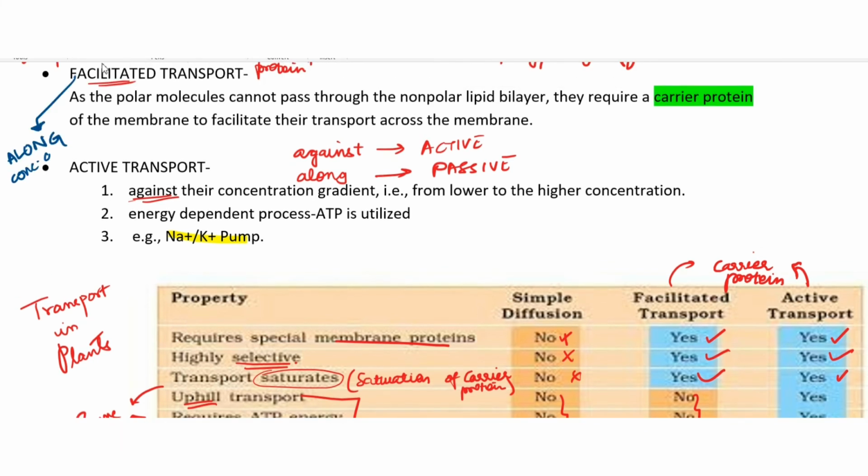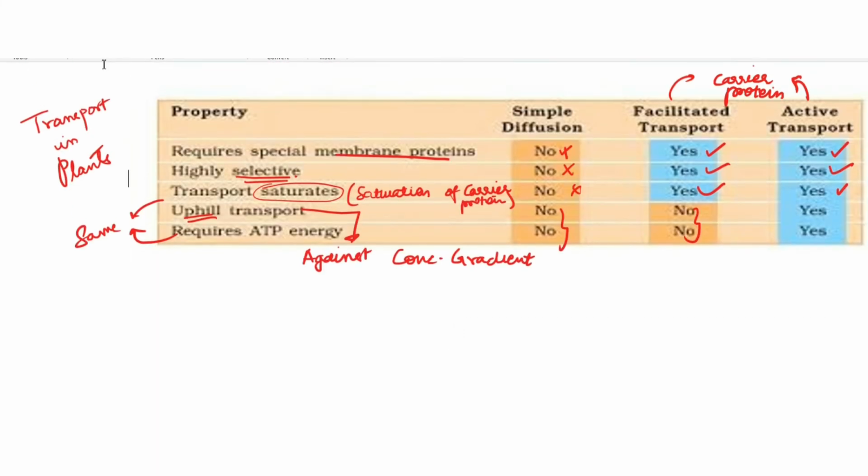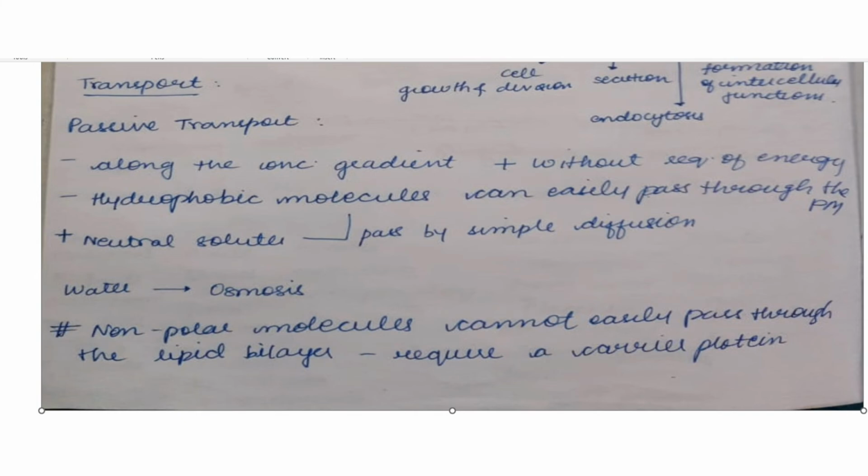Whereas active transport, as the name itself suggests, is uphill. Does it require ATP energy? Simple diffusion does not require it. Facilitated transport does not require energy. Whereas active transport is uphill, so it requires energy for that transport. Remember, facilitated transport is along the concentration gradient without requirement of energy.